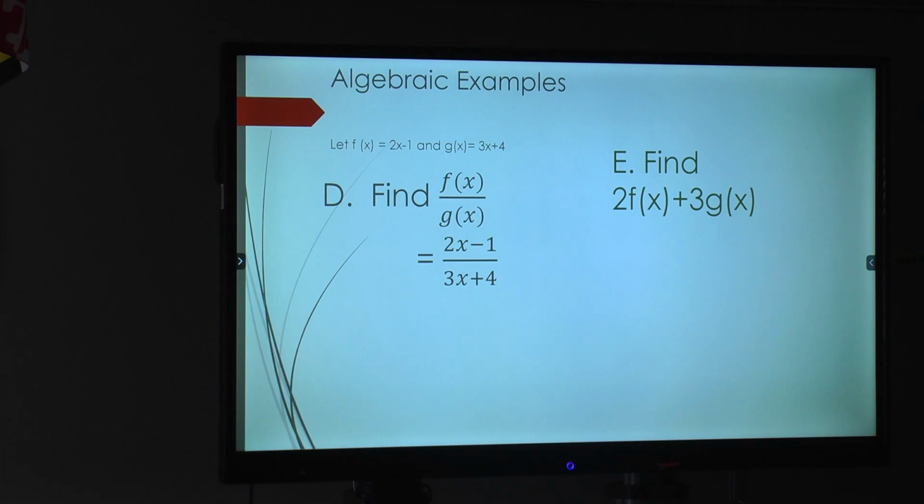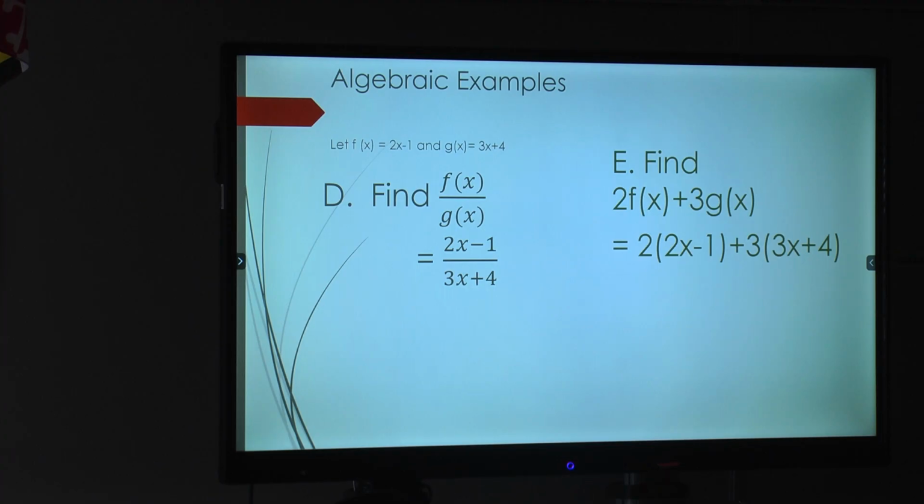What's in front of f? 2. And then what's in front of g? A 3. So this is what it's saying: 2 parentheses 2x minus 1, and then plus 3 parentheses 3x plus 4.